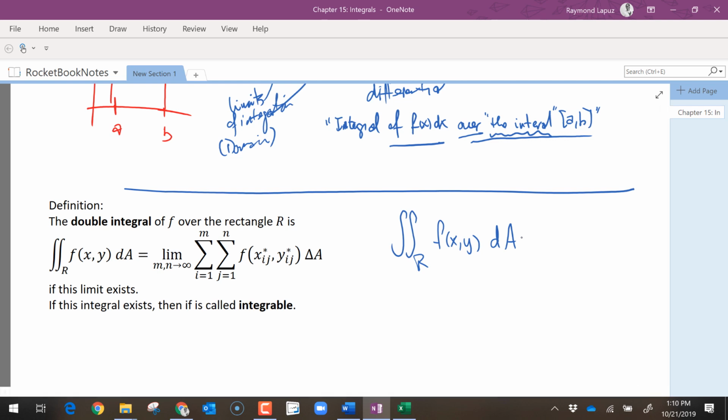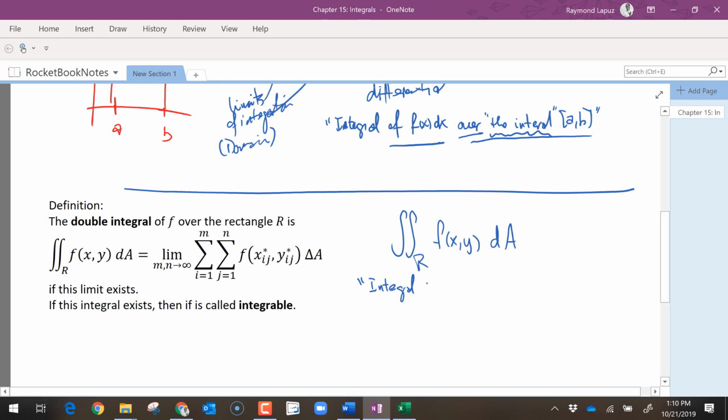So, first of all, we could say in words, integral. Sometimes we say of f of x dA over R or over R of f of x dA. It doesn't matter.